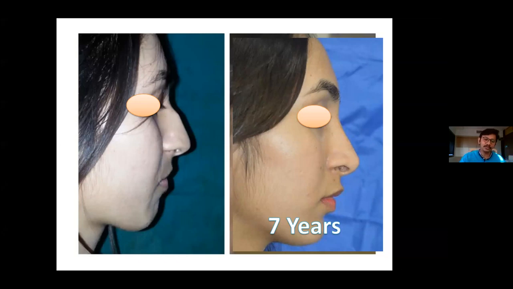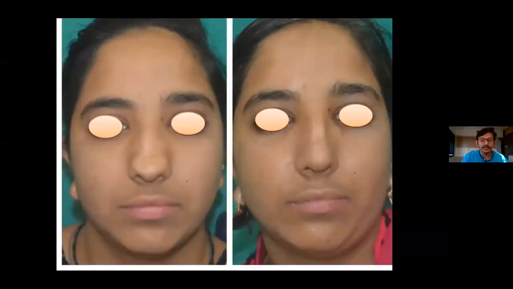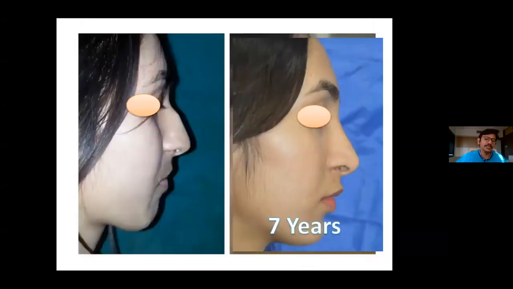So for strong sutures where the tension point is more, nowadays we generally go for permanent sutures. And this is the importance of having all the records. You should take photographs whenever the patient reports to your OPD for whatever reason. This gives you an insight into whether your techniques are working or not.